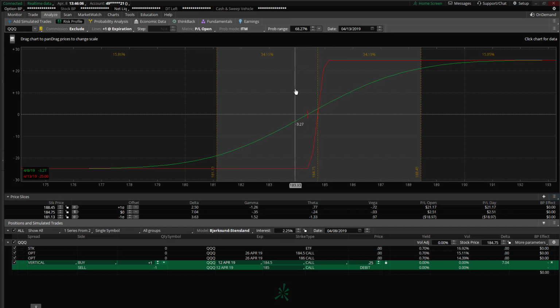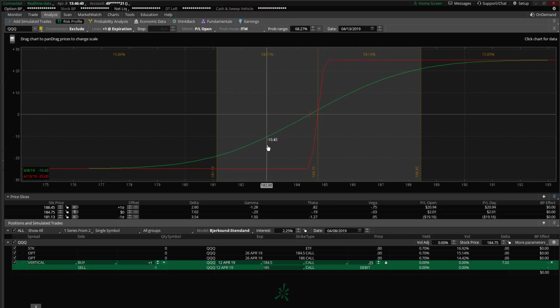We could also, instead of wondering if the Qs will move within our range, ask what our chances are of it being outside of this range. Now, if you notice these numbers up here at the top, if you add them together, 34 and 34, plus the decimal and whatever is left to the outside of it, it's supposed to calculate and add up to 68.27. Because 68.27 is one standard deviation, and that's what all of this area is.